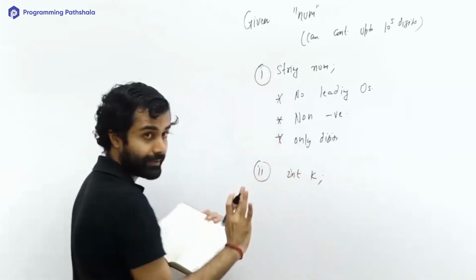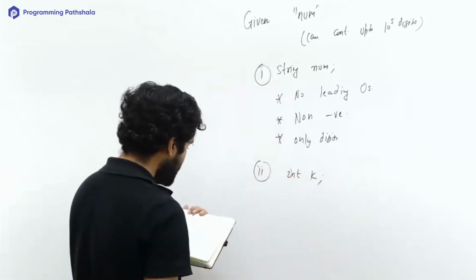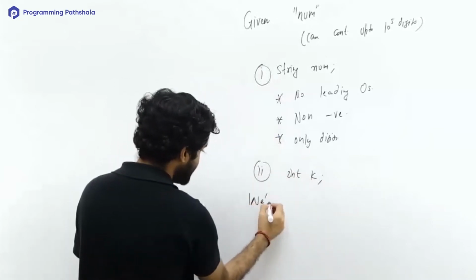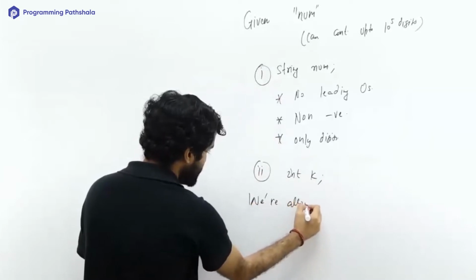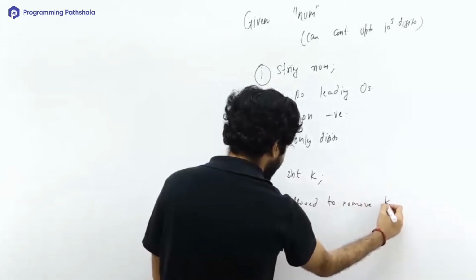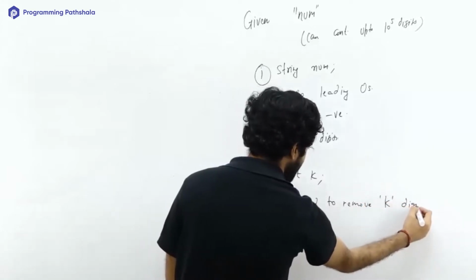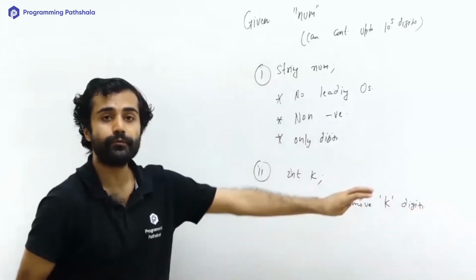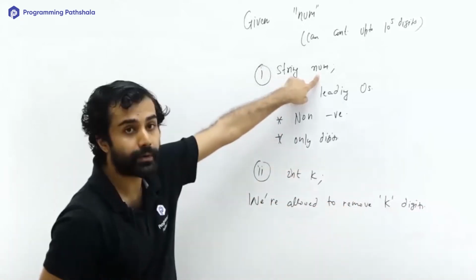So this is of type int. Integer k. Now, let me write something. We are allowed to remove k digits from this number num.